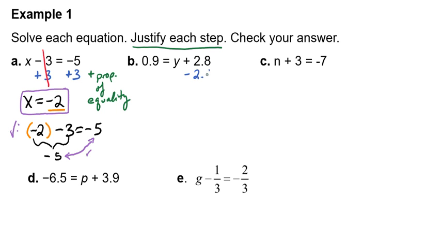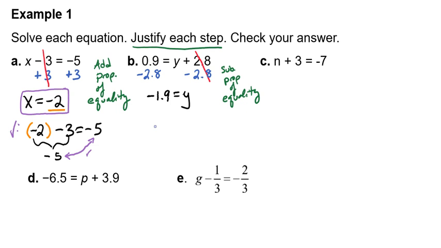So we're going to subtract 2.8 from both sides, which is going to eliminate the 2.8 on our right side, which is going to give us a negative 1.9 on our left, and that's what we're going to have equal to y. And for justification, we're going to say that this is the subtraction property of equality.